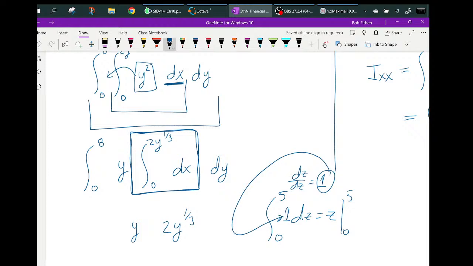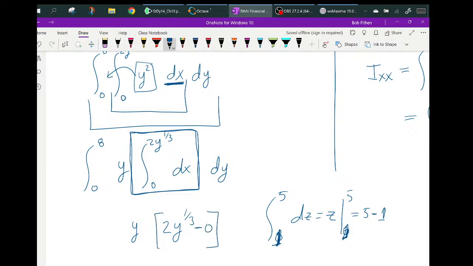So from calculus, what you see is that's the case, which ends up being, let's say that was 1 instead, 5 minus 1. In this case, it's 0, so it's this minus 0. Upper limit minus the lower limit. And then you still got the dy, and you still integrate from 0 to 8.